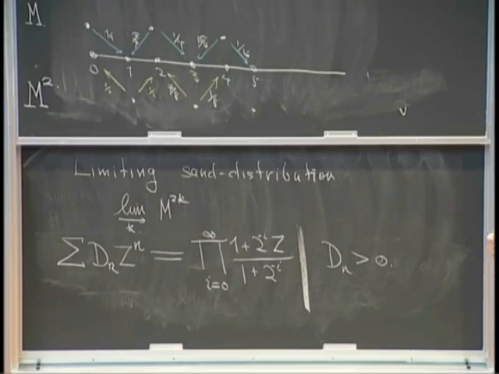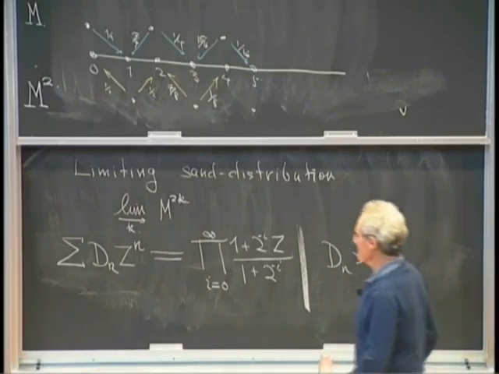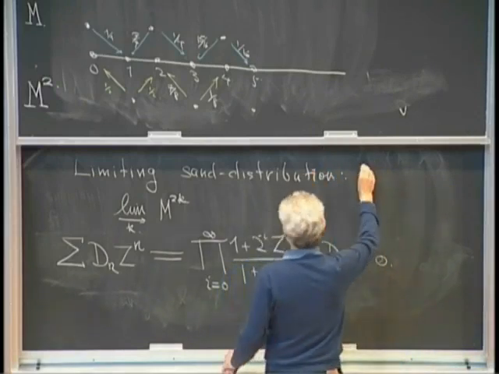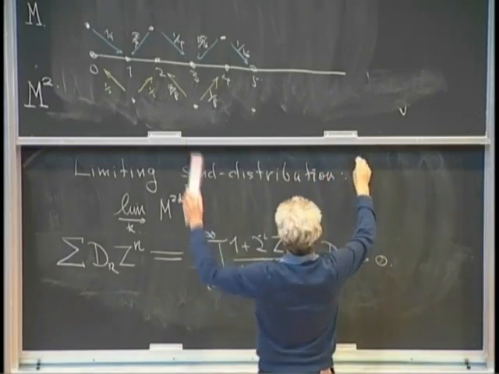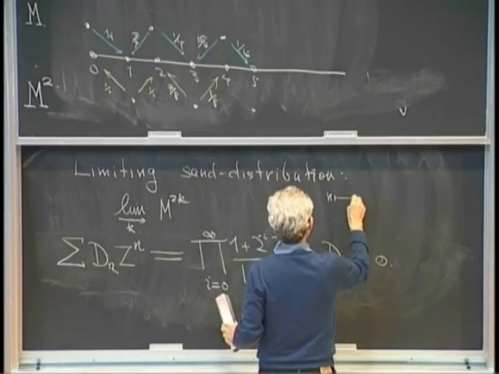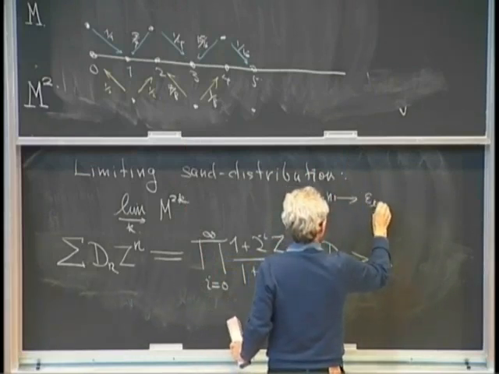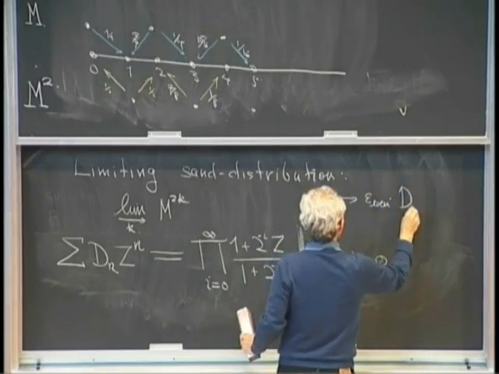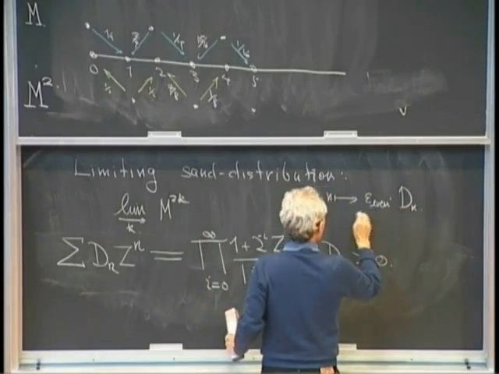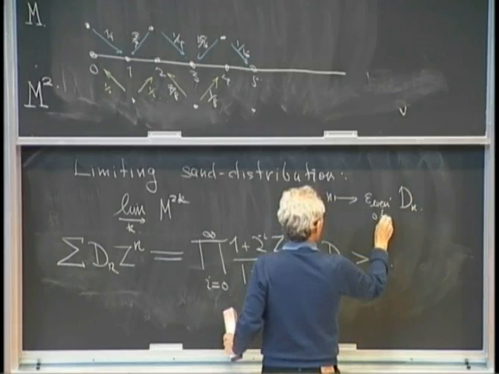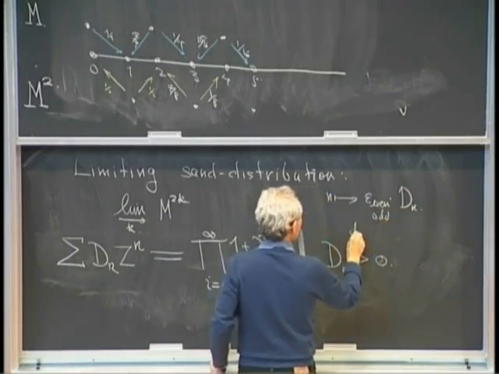I haven't given you the actual limiting distribution. The limiting sand distribution will be, at the point n, at station n, you will get, and you guessed it, epsilon even times d_n, or epsilon odd times d_n, depending upon the parity of n.